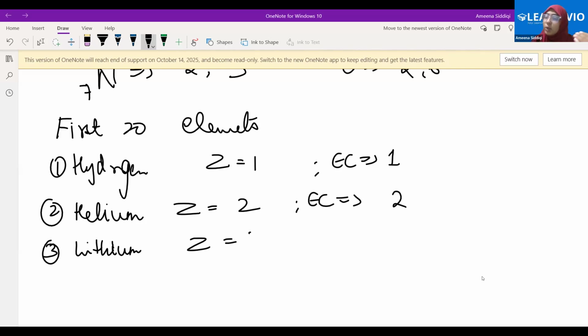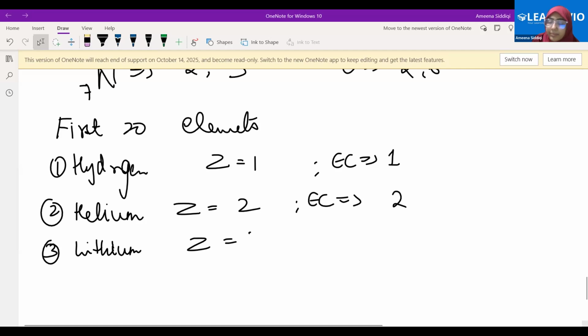Here for helium, we have the atomic number as 2. Therefore, the number of protons in helium is 2, and the number of electrons will also be 2. Both electrons will be present in the first shell itself because the maximum capacity of the first shell is 2. Is it clear, Suleiman, 100%?